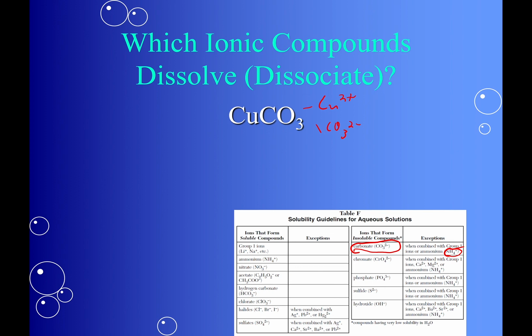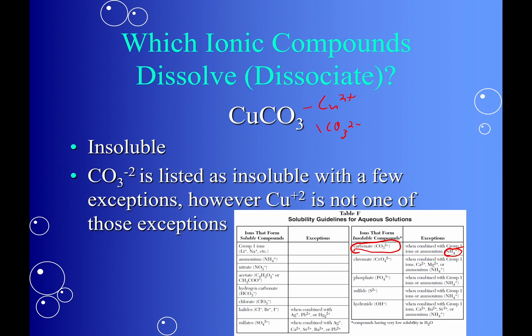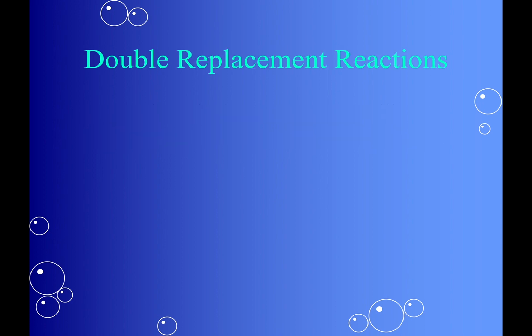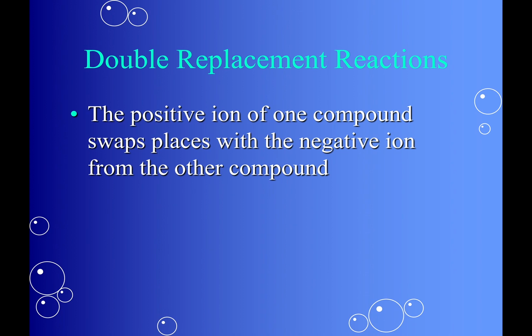Copper is neither a group 1 ion or ammonium, so this has to be insoluble. Copper is not one of the exceptions to make a carbonate soluble. So at this point you should be able to determine whether a compound will precipitate out during a chemical reaction using table F. Onwards with double replacement reactions.